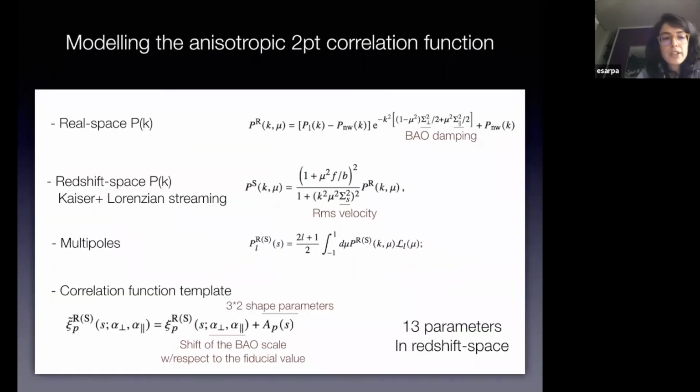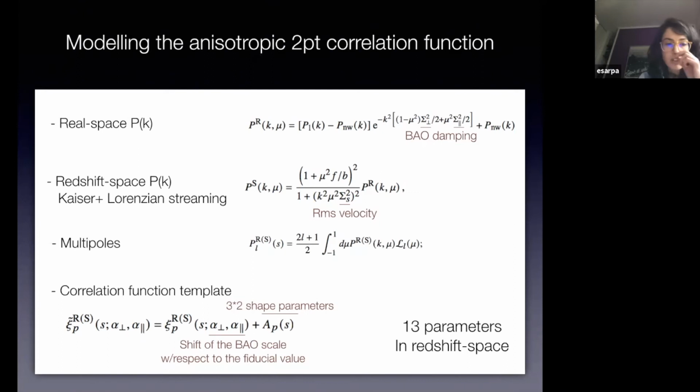To do so, we used the standard model. So we defined the real space power spectrum as the linear power spectrum with the no-wiggle damping regulated by the damping parameters along and perpendicular to the line of sight, those sigma parameters. And then we have the redshift space distortion as the product of a Kaiser term and a Lorentzian streaming term parameterizing the fingers of God on small scales.